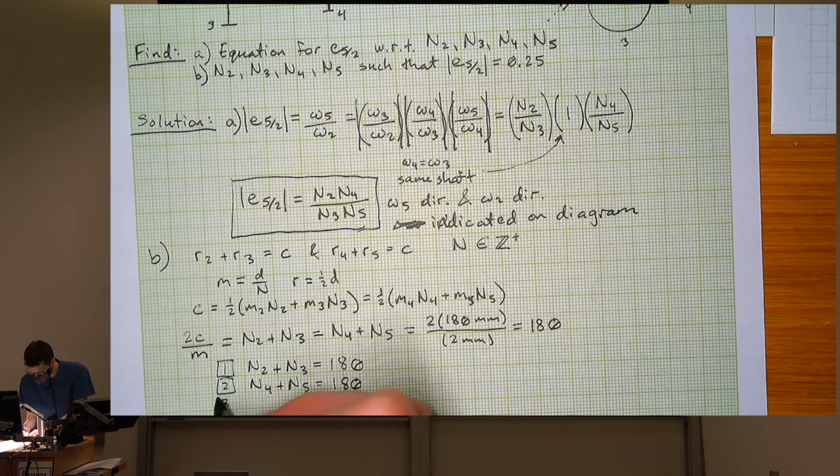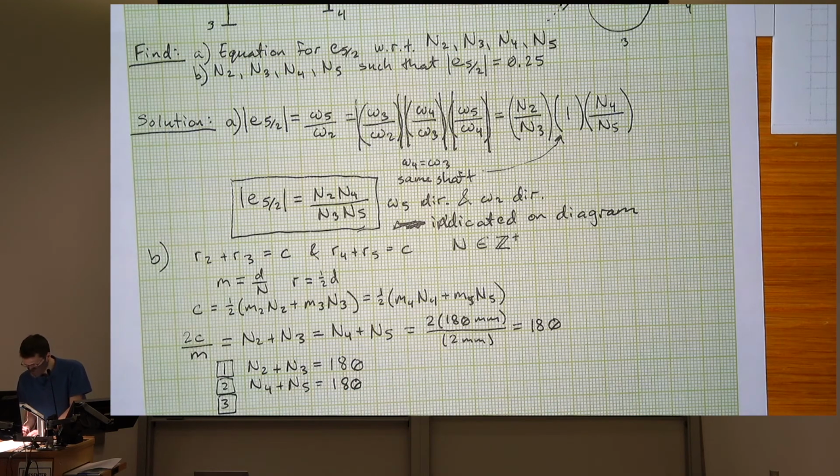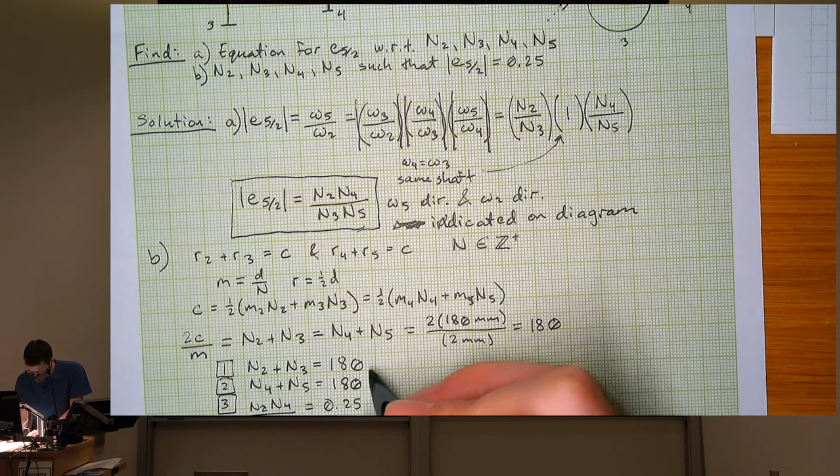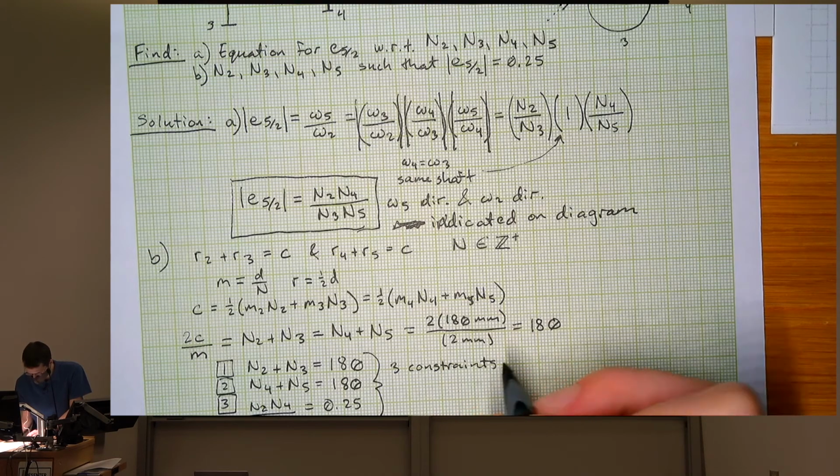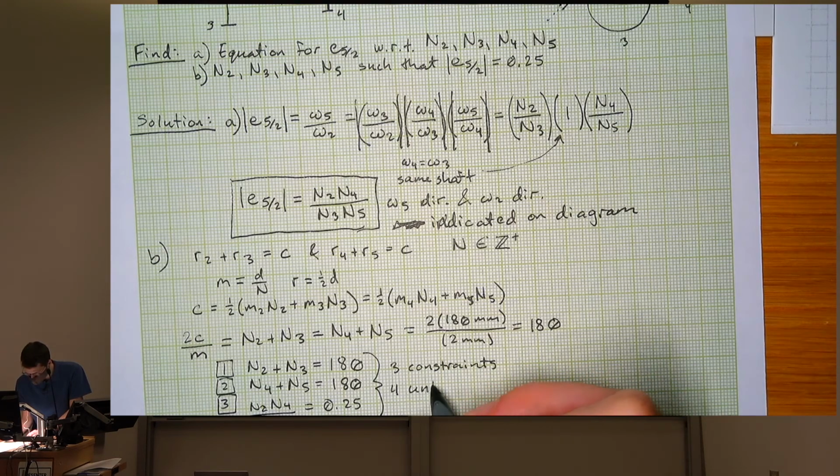And constraint number 3 is that our speed ratio n2 n4 over n3 n5 is equal to 0.25. So here we have three constraints, but we have four unknowns.